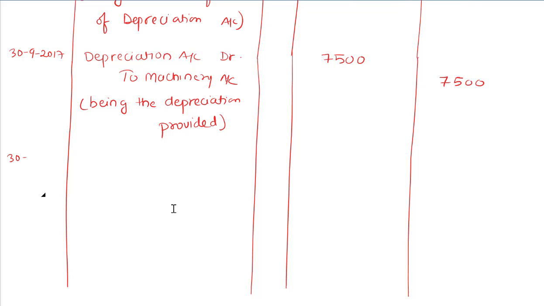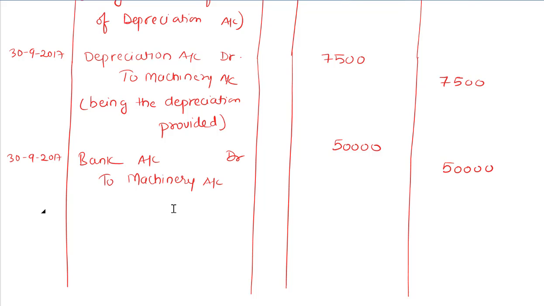Once we have provided for the depreciation, we'll record the sale. On 30th September 2017, the sale of machine took place for 50,000. So bank account debit to machinery account 50,000.